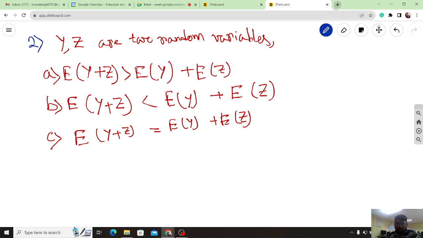So options A and C are same. It looks like greater than. Okay, fine.